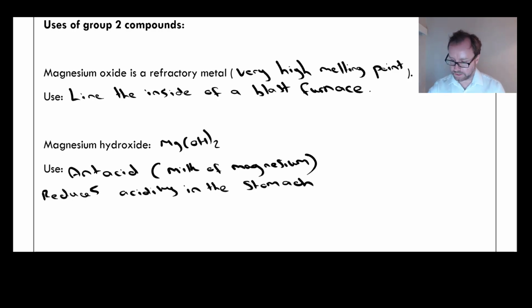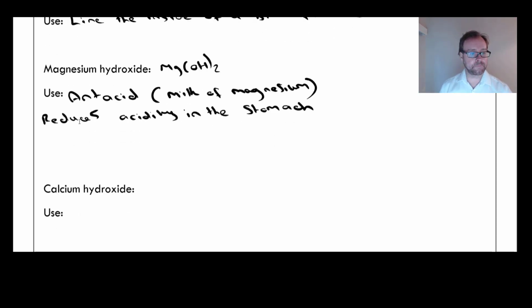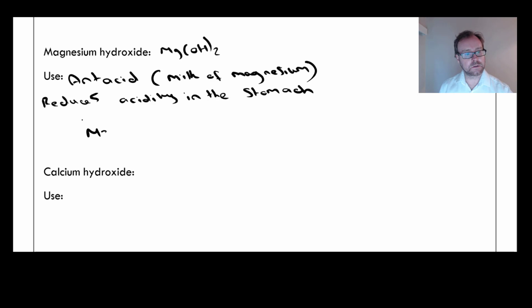And we can do an equation, so we might as well do an equation. So, e.g., my magnesium hydroxide, it's in a tablet form, it could be in a liquid form, but we use it as a solid with HCl.